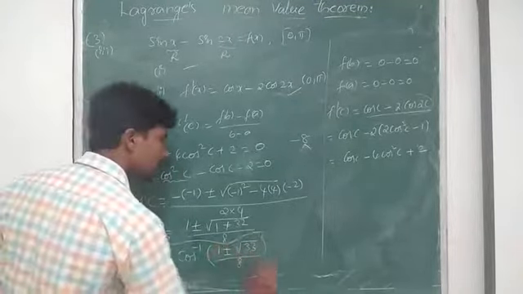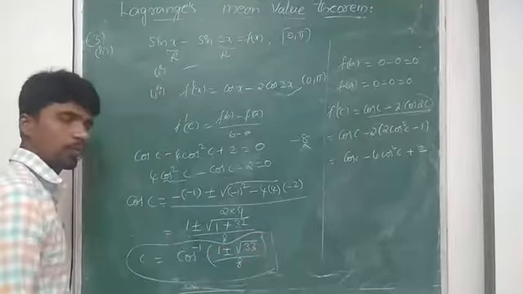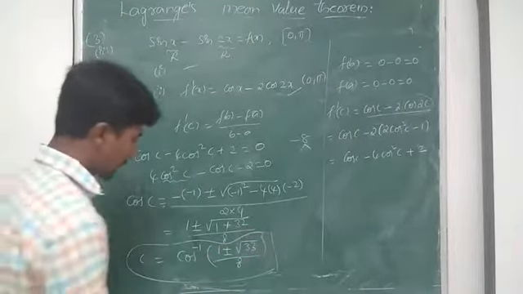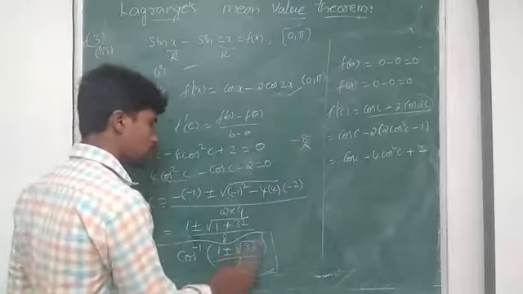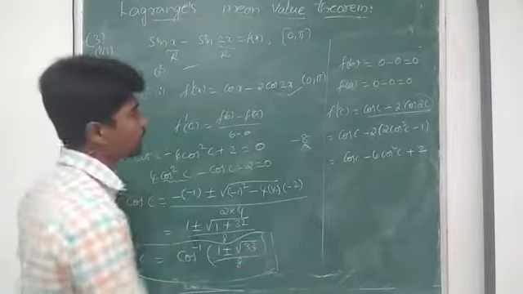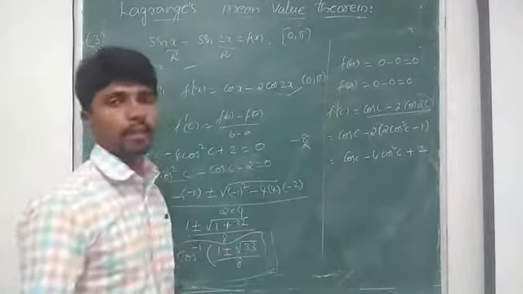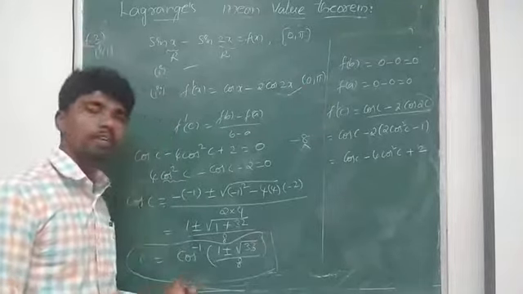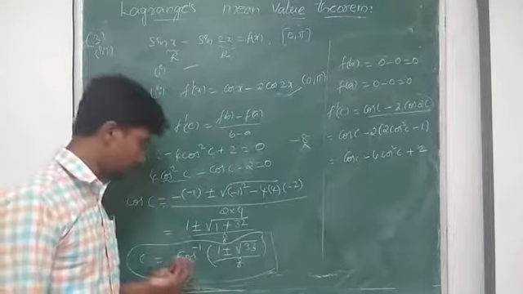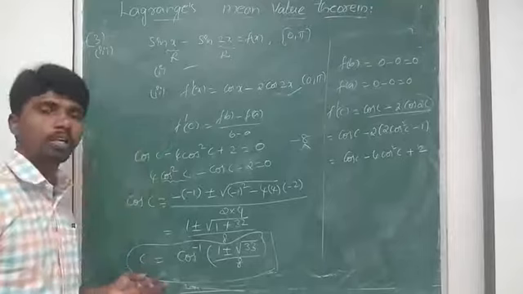So this is the required point that we want. The value of cos inverse of 1 plus or minus root of 33 by 8 always lies between 0 to pi. Once cross check with the help of a calculator. Okay, so this is the point C that we require.